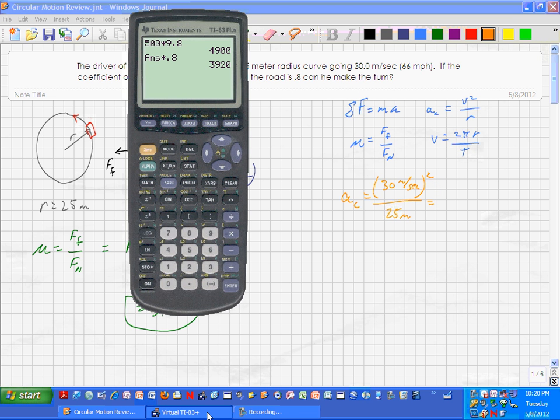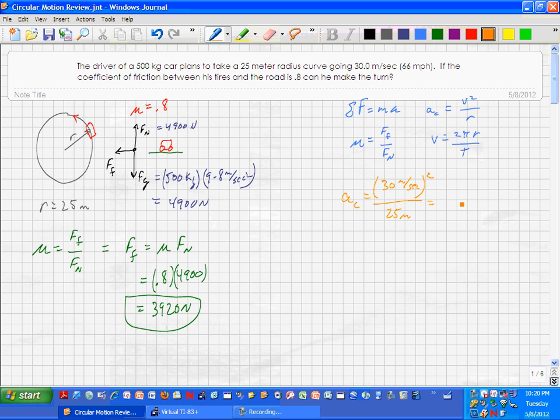So that means that the acceleration is going to be 30 squared divided by 25. So it's going to be 36 meters per second squared. That's the acceleration. So that means that the force is going to be equal to the mass of the car, which is 500 kilograms, times the acceleration of the car, which is 36 meters per second squared.